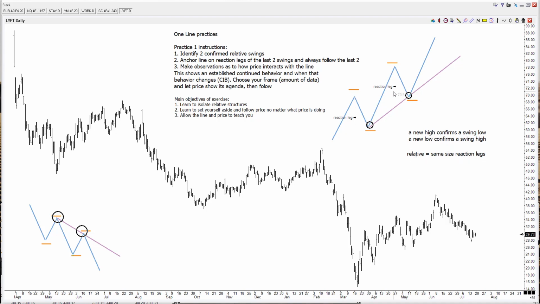As long as they're the same size, all we're going to do next is anchor a line on the reaction legs of those last two swings. Just like this. We see two swings, we put a line on it. Anytime you see two confirmed swings that are the same size reaction leg, remember it has to confirm, so it has to take out a high and then another high.